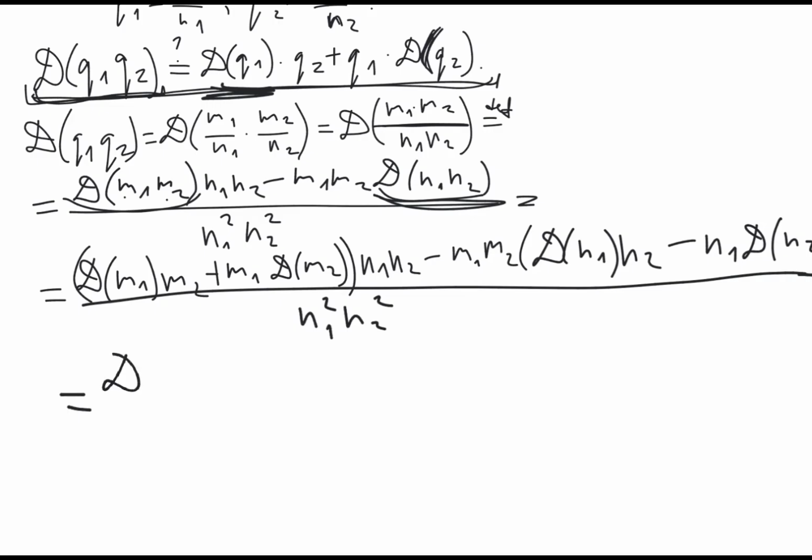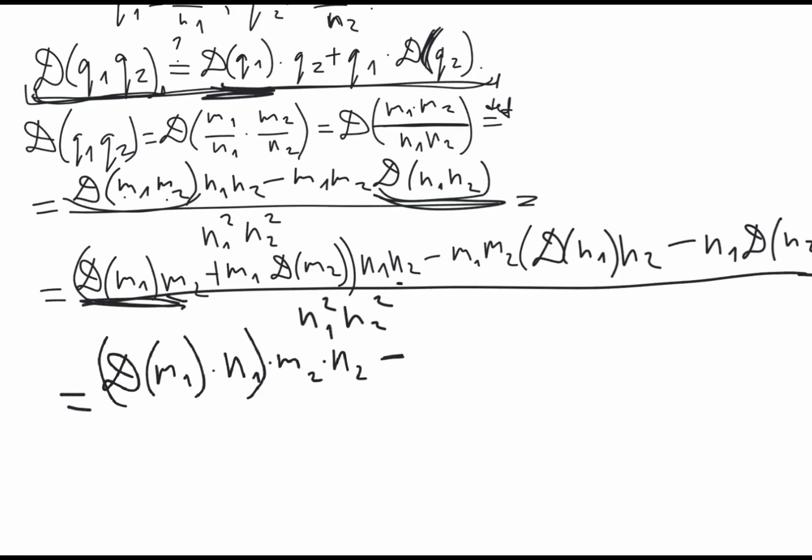So we take d of m1 multiplied by n1, and then everything else, in brackets, m2 by n2.